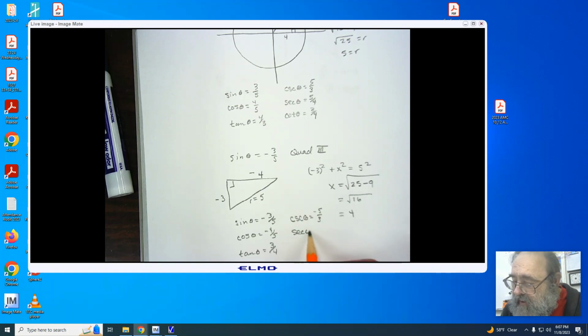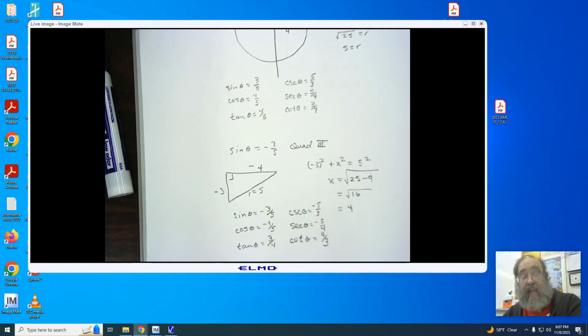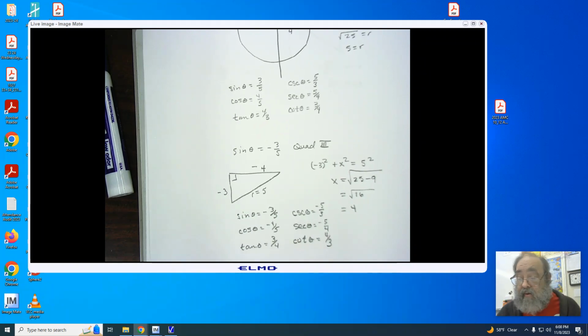Secant is the reciprocal of the cosine, which would be -5/4. And our cotangent is the reciprocal of our tangent and would be 4/3. Once again, working with trigonometric values in order for us to find the remaining six trigonometric functions.